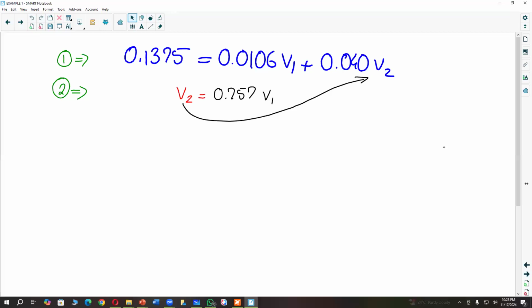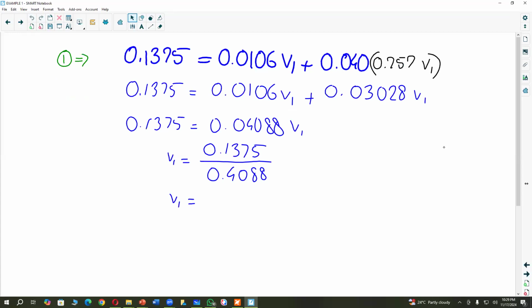Okay. 0.135 minus 3.350. So the V1 is 0.115, and the V2 is... I'm getting V1 as 3.37.